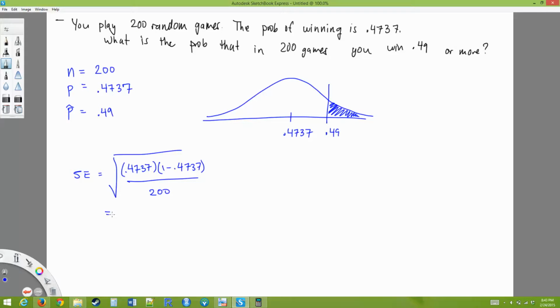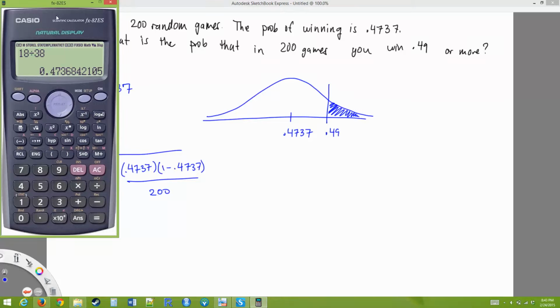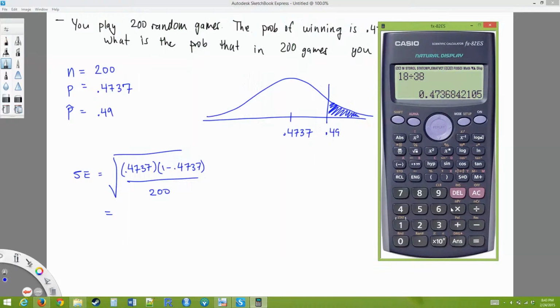Good. So let's pull out the calculator and we'll do this. Oh, look, I have that. So I'm going to just do that times 1 minus that. This is 0.4737 divided by 200. And I'm going to take the square root of that. And I get 0.0353.